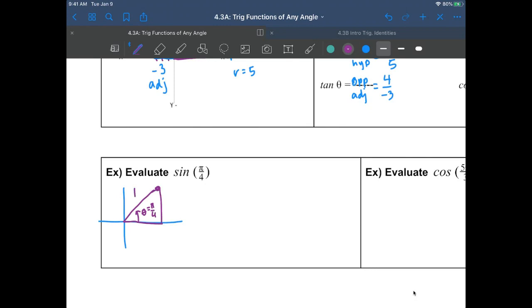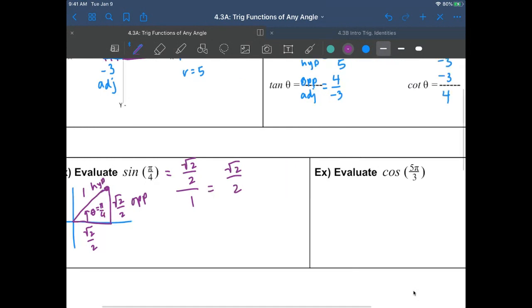So when I have a radius of 1, I have side lengths of root 2 over 2 and root 2 over 2. So I know that the sine is equal to the opposite over the hypotenuse, which would be root 2 over 2 over 1, which is just root 2 over 2 in the first quadrant. So my sine ratio is going to be positive.